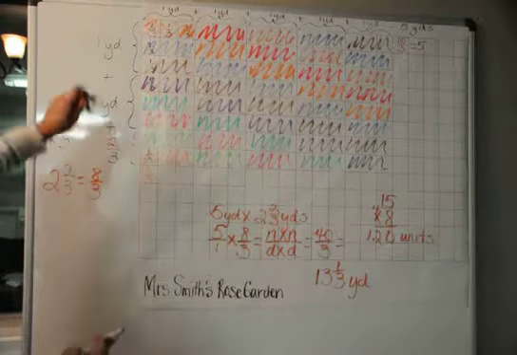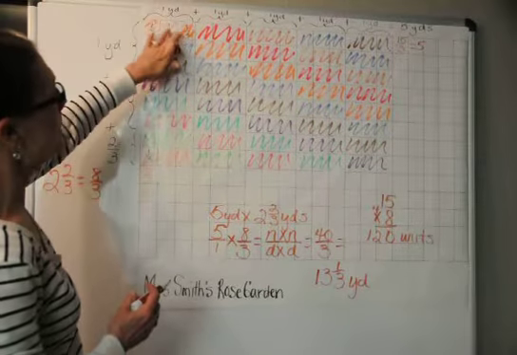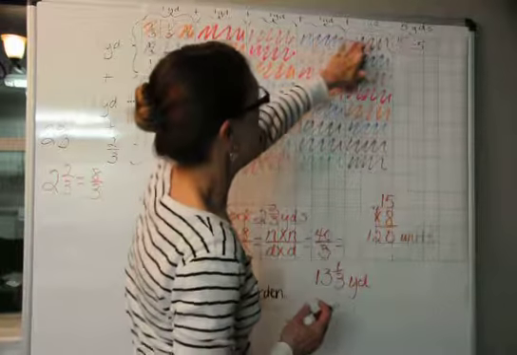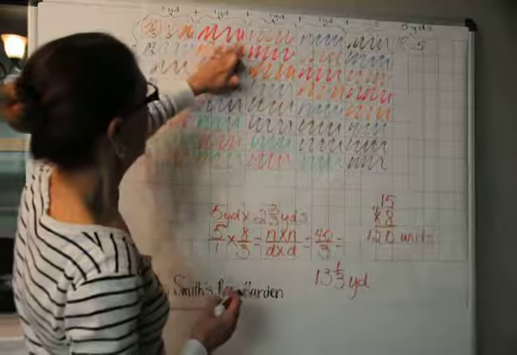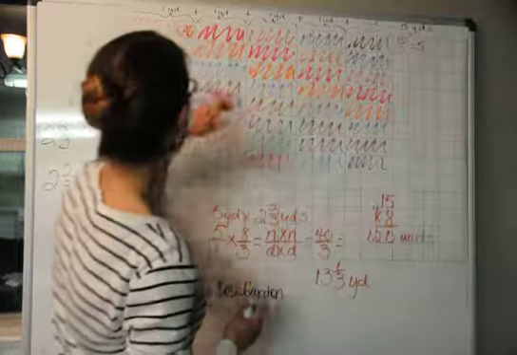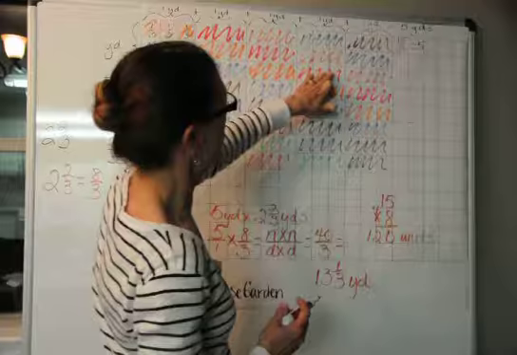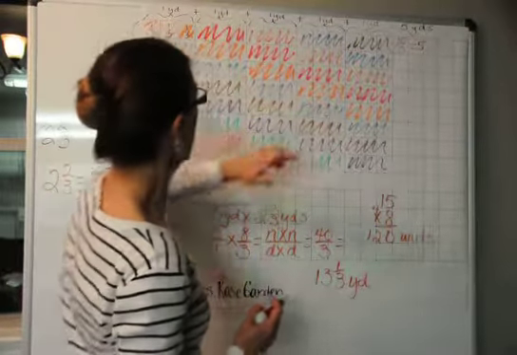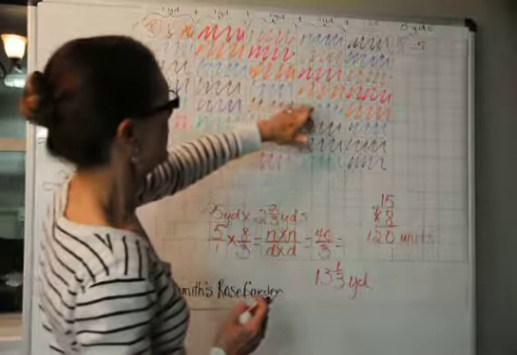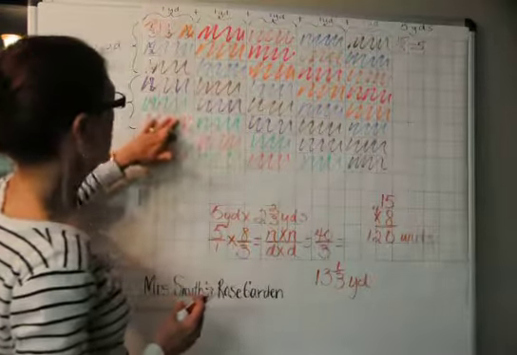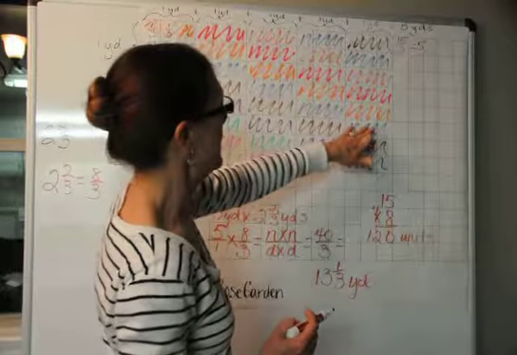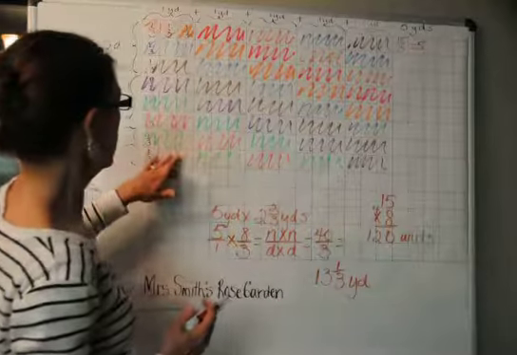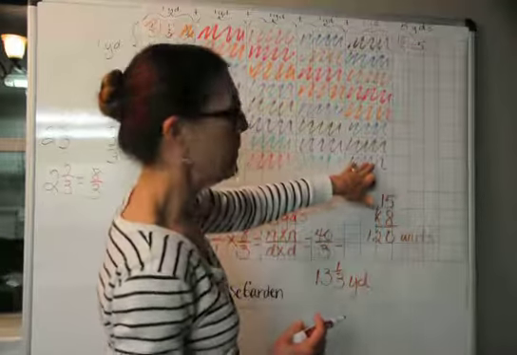So here, if we count our thirds, we have 1, 2, 3, 4, 5, 6, 7, 8, 9, 10, 11, 12, 13, 14, 15, 16, 17, 18, 19, 20, 21, 22, 23, 24, 25, 26, 27, 28, 29, 30, 31, 32, 33, 34, 35, 36, 37, 38, 39, 40.